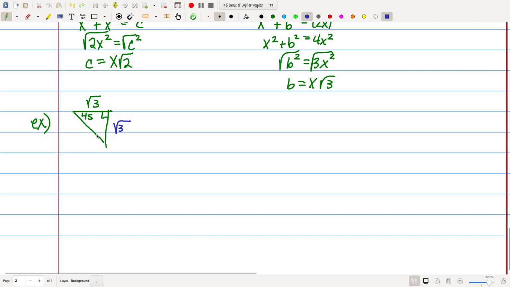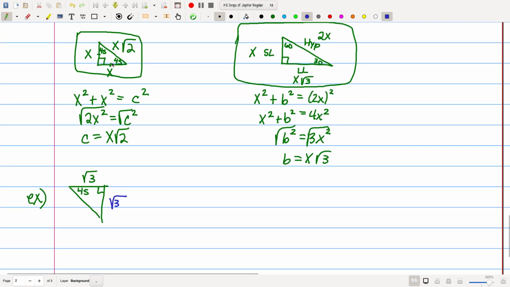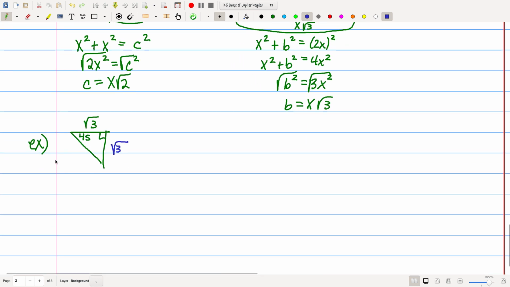And according to my math and my picture up here, the hypotenuse is whatever the leg is times the square root of 2. So my hypotenuse is going to be square root of 3, because that's my leg, times the square root of 2. So my hypotenuse is the square root of 6. Okay? So, moving on.